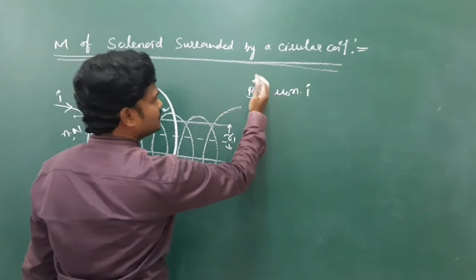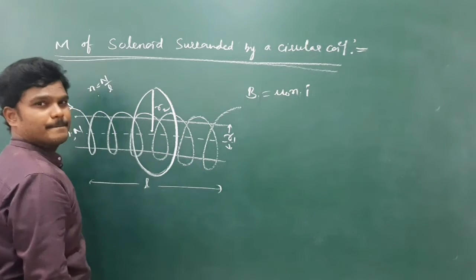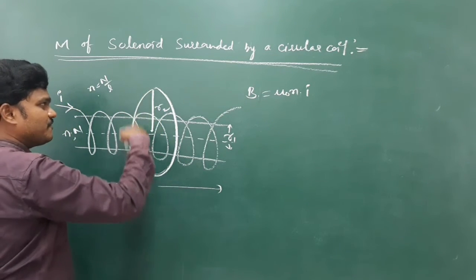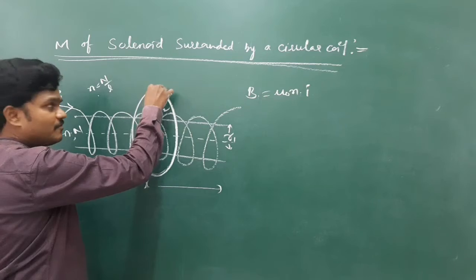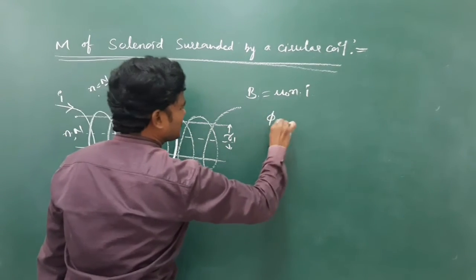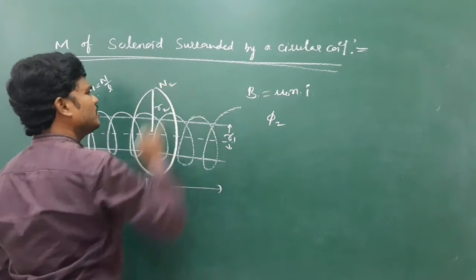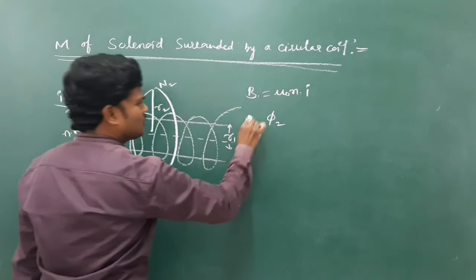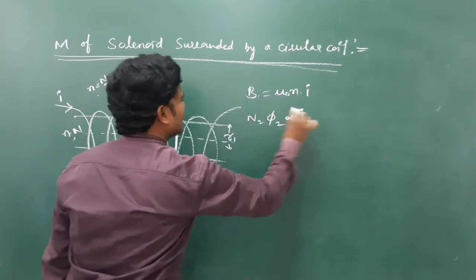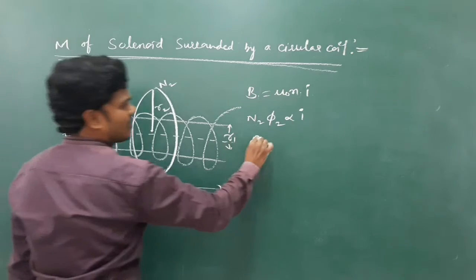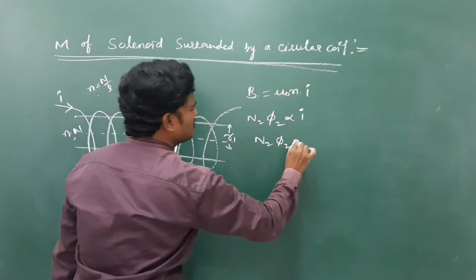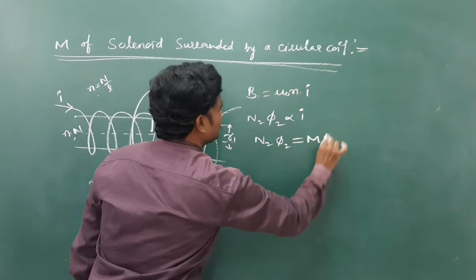So B is mu naught n I, and there will be a flux in the secondary. So that flux, if N2 turns are given, N2 phi 2 is proportional to the current in the primary, and N2 phi 2 is equivalent to MI.